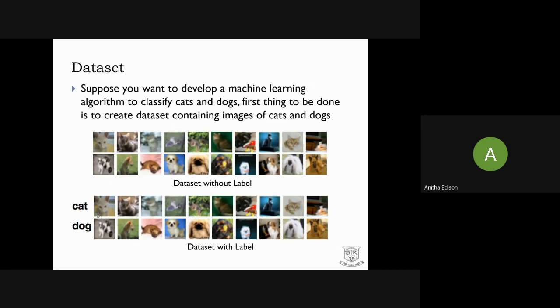Okay, then once you have formed the data set, you can divide the data set into train set, test set, and validation set. Train set is what is used to teach the machine learning algorithm. We'll use the train set to teach the machine learning algorithm. And test set is something which is used to test how well our machine learning algorithm works.